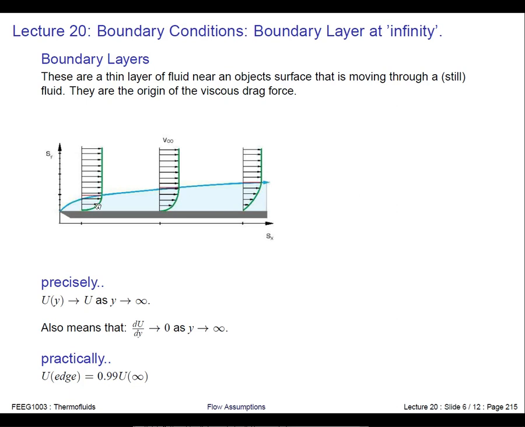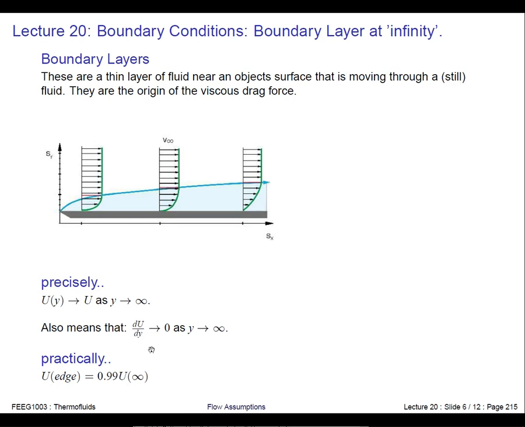So sometimes we want to integrate across a boundary layer, and if we're going to do that, we need to have a boundary condition at the edge of the boundary layer. Mathematically, we can do it very precisely. As y, the distance away from the wall, gets bigger and bigger, the velocity gets nearer and nearer to the free stream velocity.